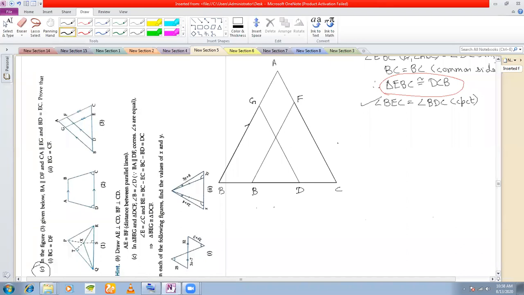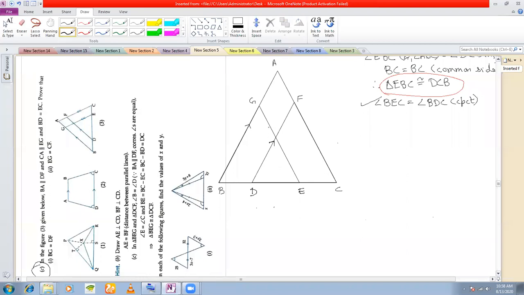So BA, this side, is parallel to DF. I think I marked only this should be D, this should be B, this should be D, and this should be E. So these two are given to be parallel.